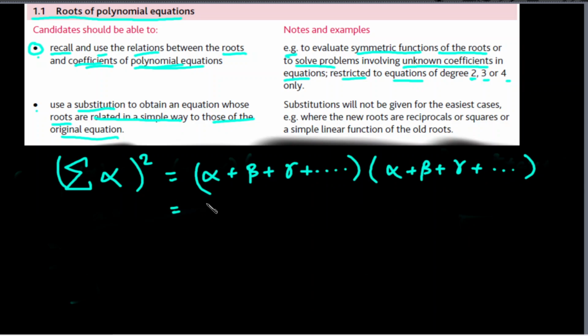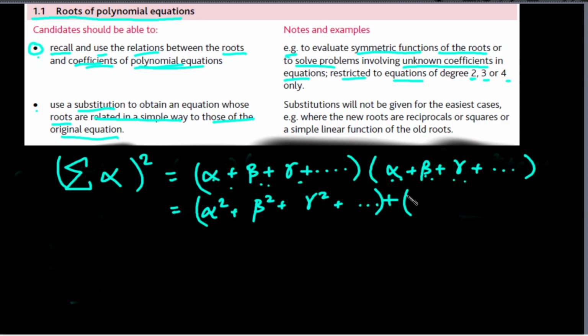When you do that, you get alpha squared plus beta squared plus gamma squared, and so on, so the sum of the squares of each of the roots, plus alpha times beta plus beta times alpha, and you repeat: alpha times gamma plus gamma times alpha plus beta times gamma plus gamma times beta. So you basically get 2 times the alpha beta sum.